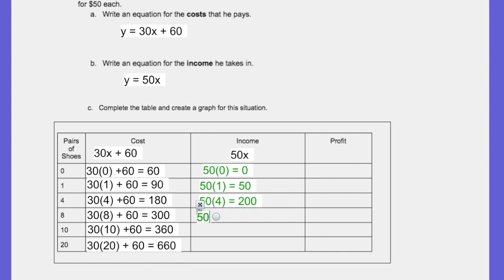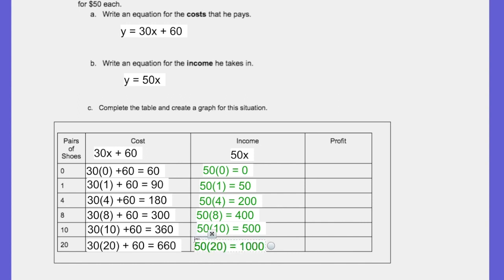All right, so let's see what we get for 8 now. So 50 times 8 would be $400. And then if he sells 10, that is 500. And if he sells 20, that's 1,000.